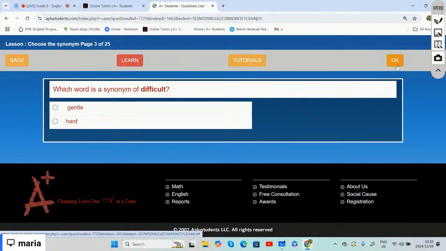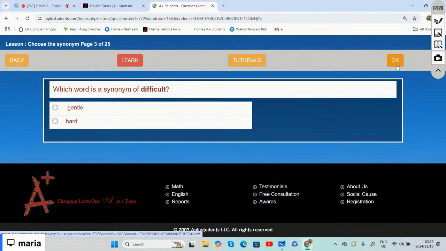The next word says, which word is a synonym the same as or almost the same as difficult?